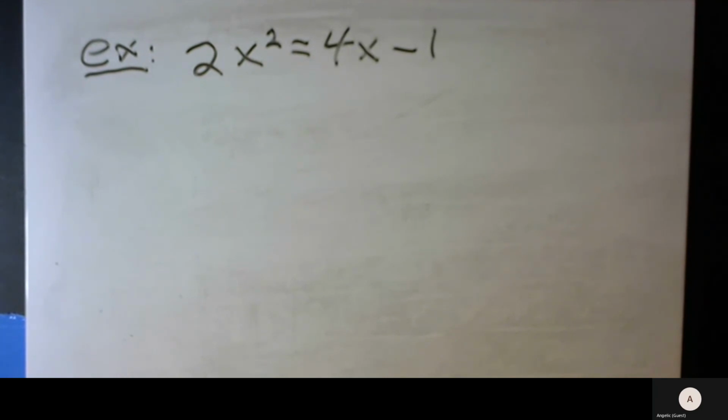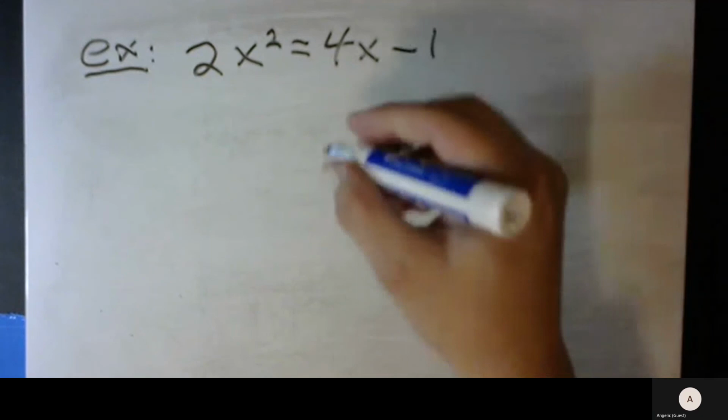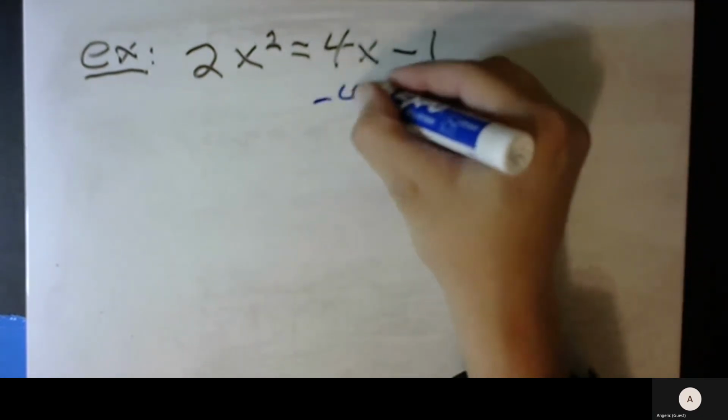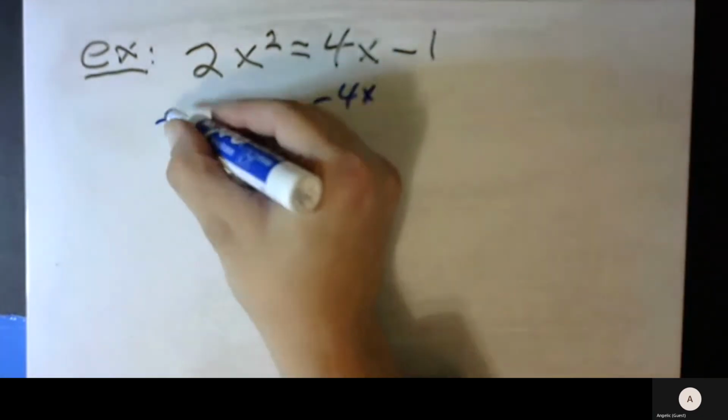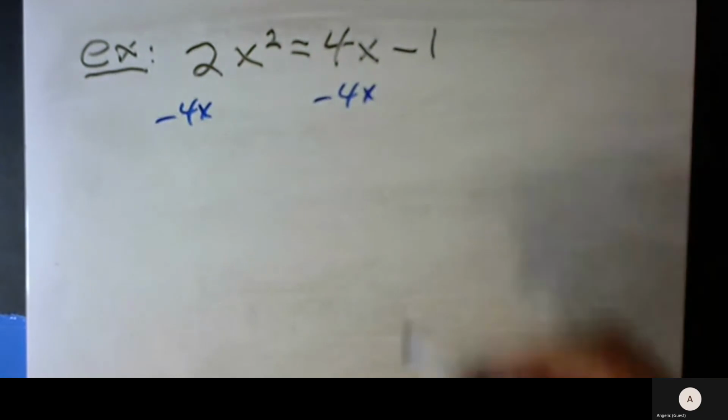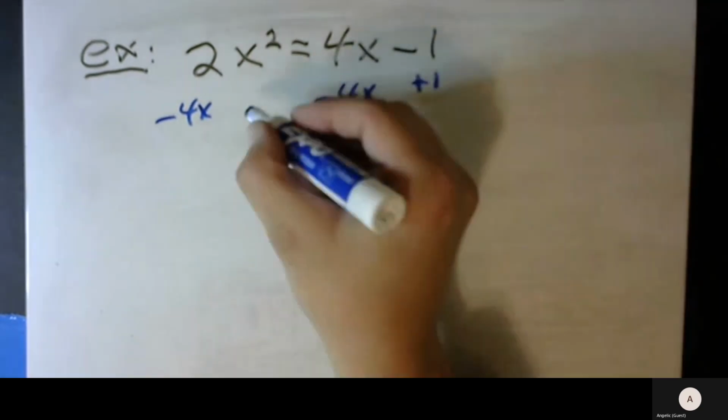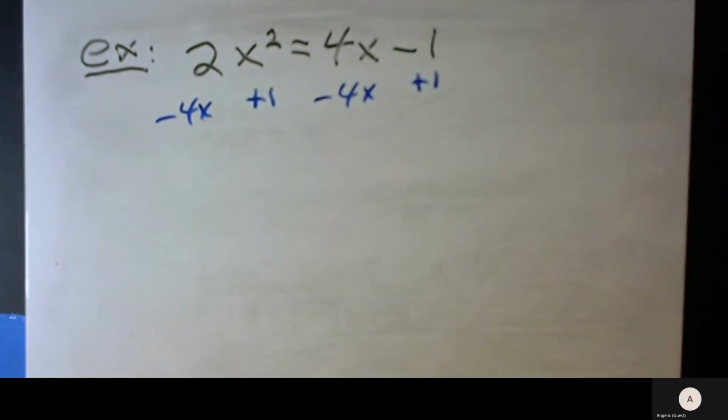Now again, we want to put it in standard form. So we want to subtract 4x from both sides. And we want to add 1 to both sides.